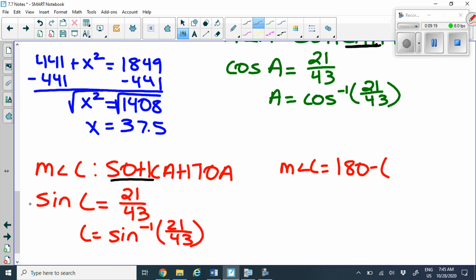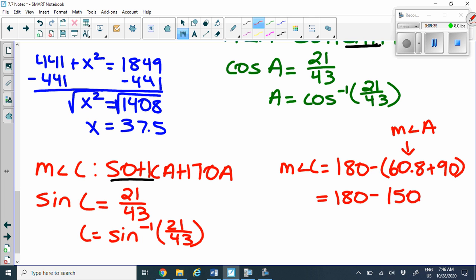So I'm going to have my 60.8 plus 90. So remember, that was the measure of angle A. Okay. And so when I do this, I have 180 minus, just plug 60.8 and 90 in your calculator. So 60.8 plus 90 gives us 150.8. Then we do the subtraction, and we get 29.2. Isn't that what we got earlier?